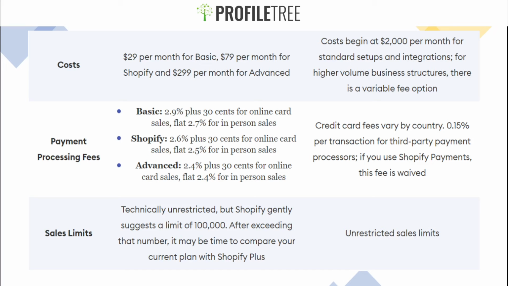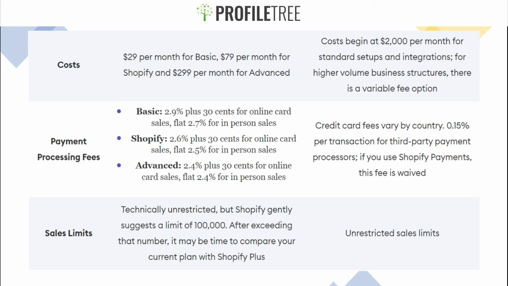Now, you also have your payment processing fees. When it comes to Basic, depending on the sales, your flat rate would be around 2.9% plus 30 cents for online card sales, and then 2.7% for in-person sales.